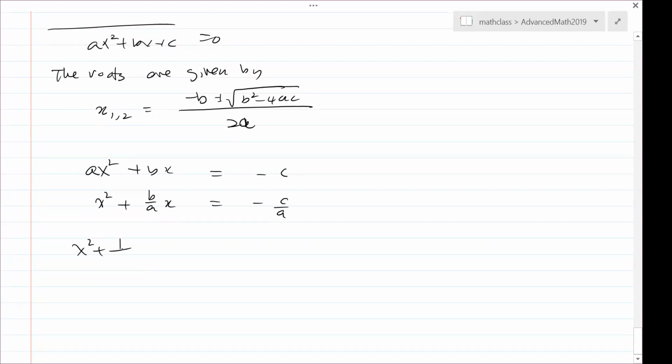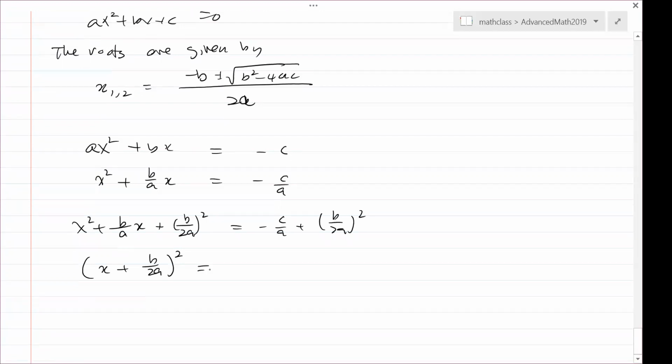How can I complete the square? I have to add half of b over a, squared. Why? Because when you square it, the middle term will be double of x times b over 2a. That's the reason I need a 2a here.